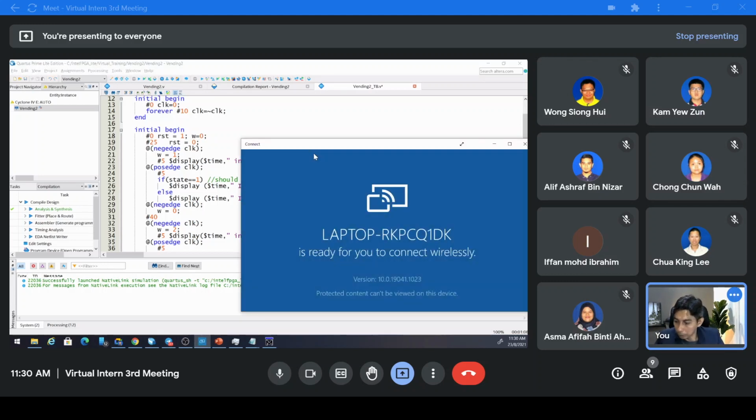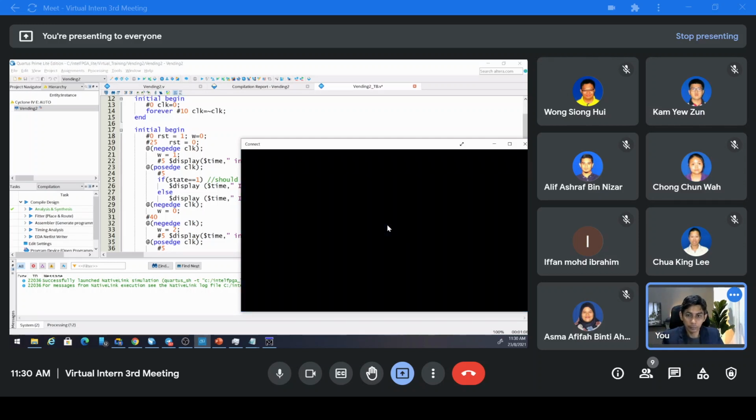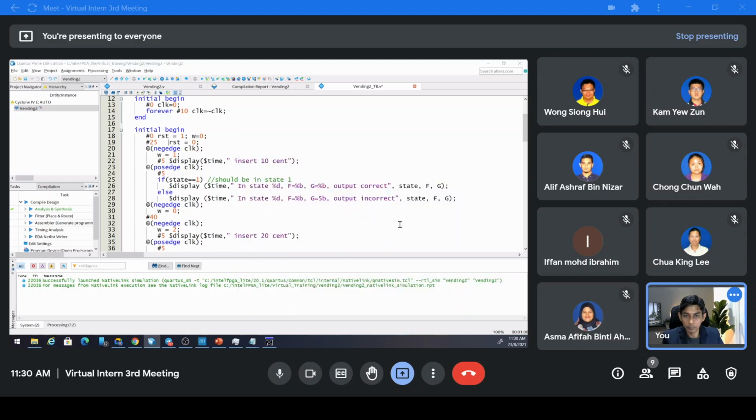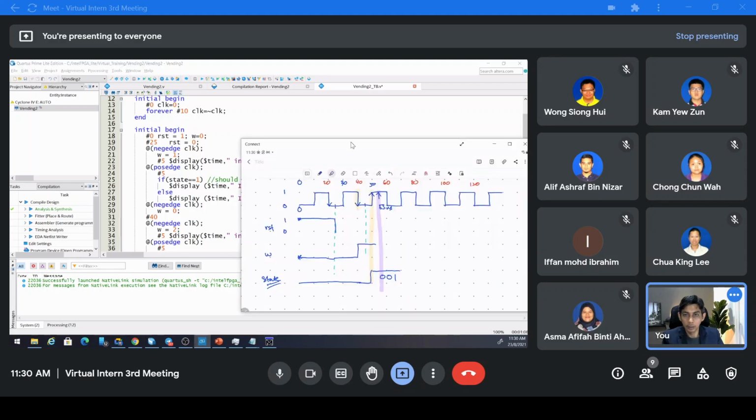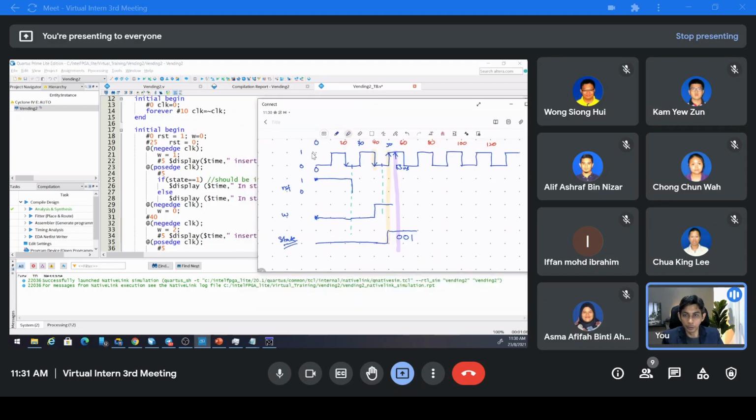And our clock starts at 0 at time 0, so reset equals 1 and W equals 0, exactly here.